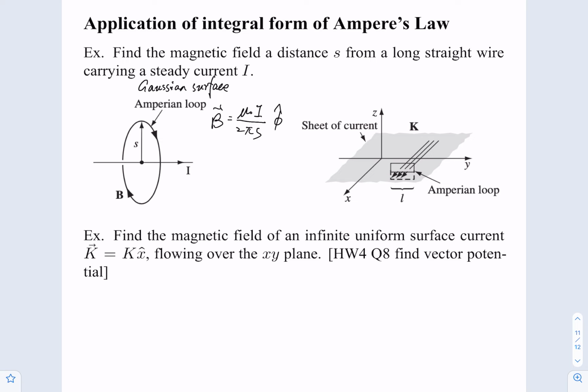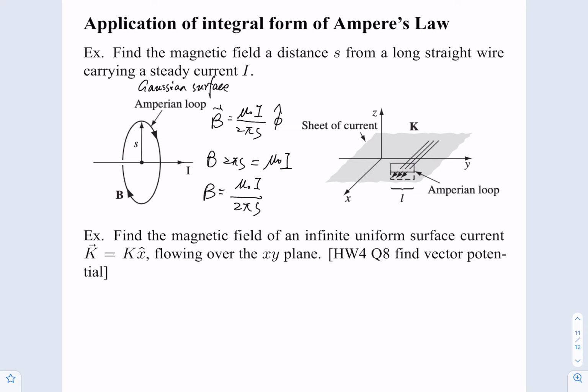So the integral of B dot dl is simply B times 2 pi s. And the current enclosed is equal to mu naught I. So now we immediately get that B is mu naught I over 2 pi s.